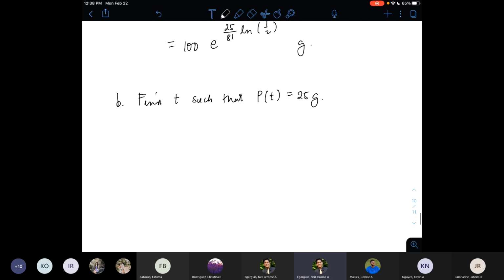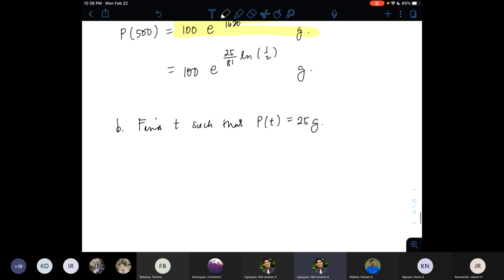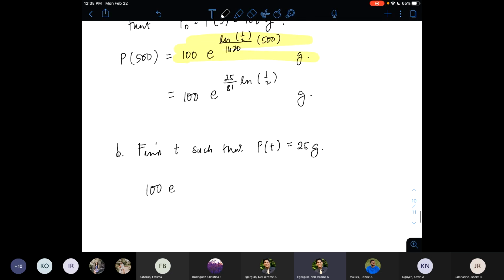We know that P of t is given by 100 e to the ln of 1/2 over 1620 times t. That's our P of t model. And we want this to be equal to 25, and then solve for t.